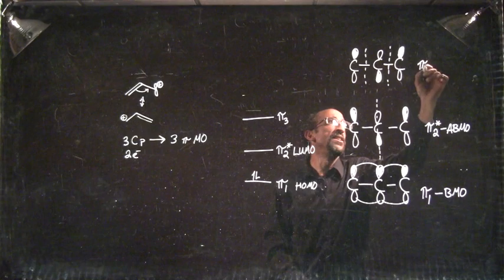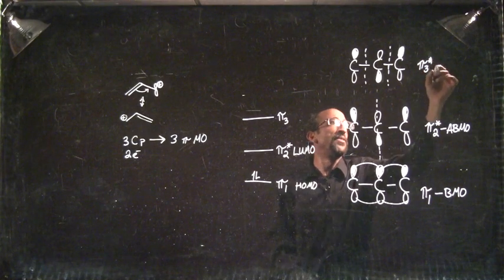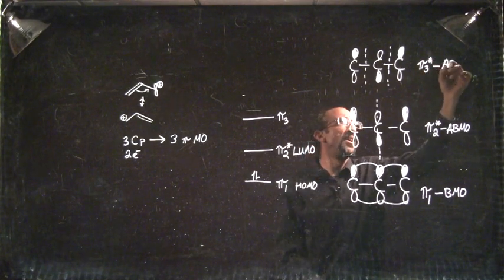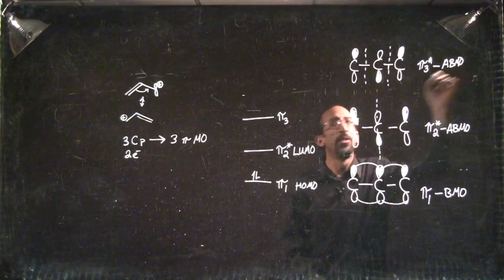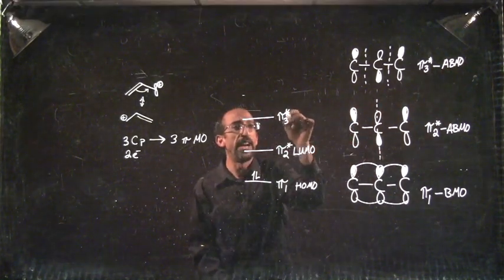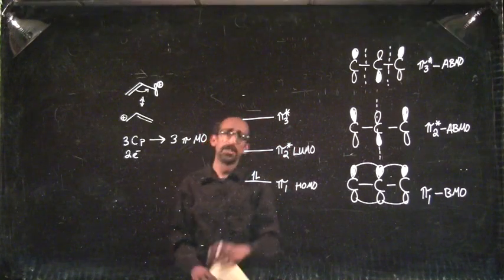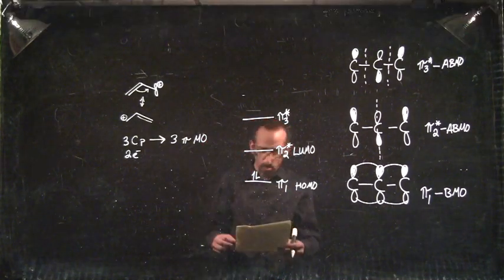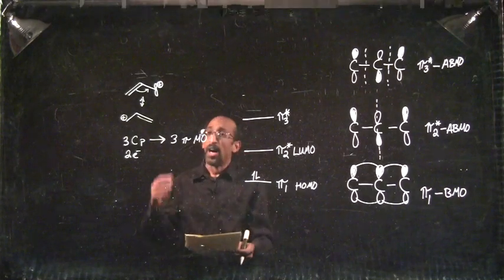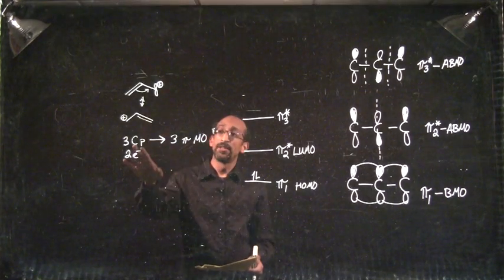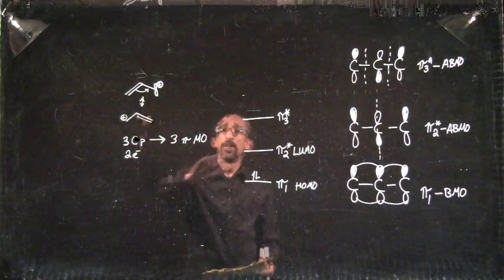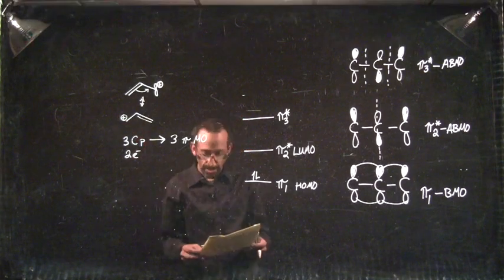And pi 3 is now a pi 3 star, which is an anti-bonding molecular orbital. And I can come back here now to my energy diagram, and I can see this. Right? So this is how we can do this for a system where we have three molecular orbitals, but we have a charge, and so we only have 2 electrons.